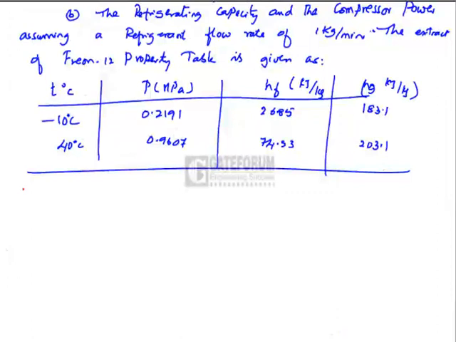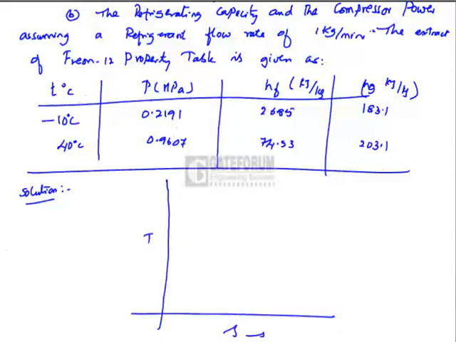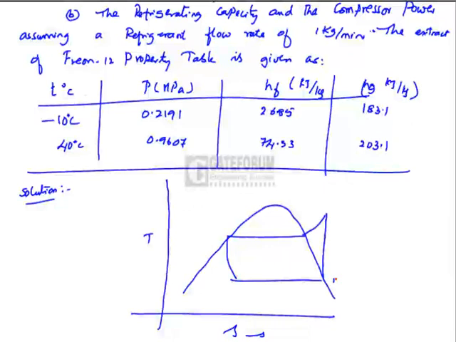The solution to this problem is given as, first of all, let us indicate the cycle on TS plane, temperature entropy diagram: evaporation, compression, cooling, condensation, and then expansion. The simple dry saturated VCR cycle. He has given the enthalpy of the refrigerant at the end of the compression. It's given that H2 is 220 kilojoule per kg.